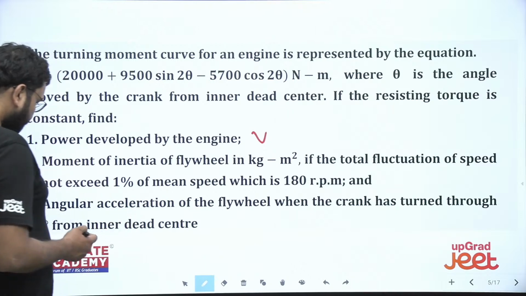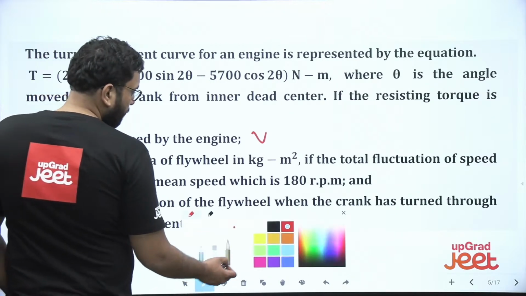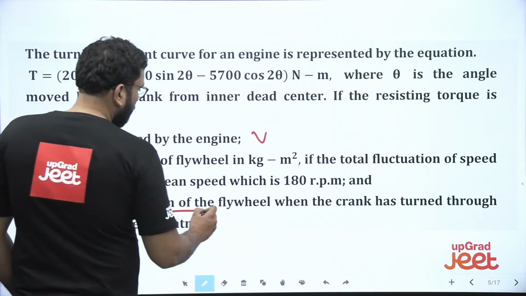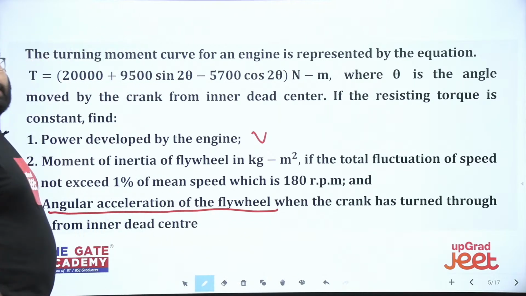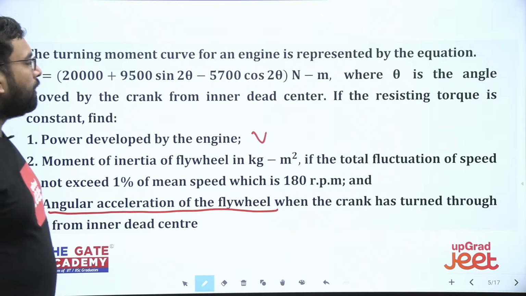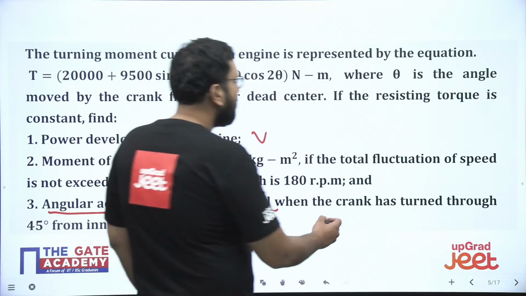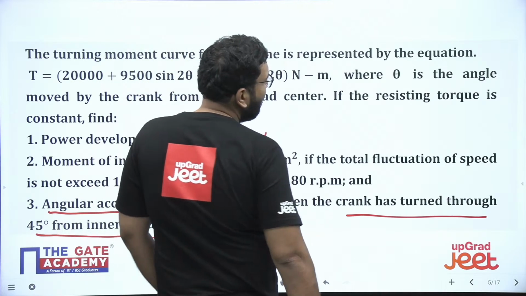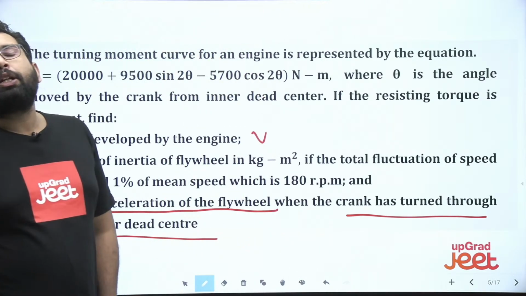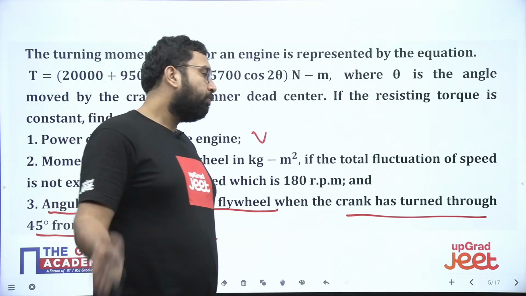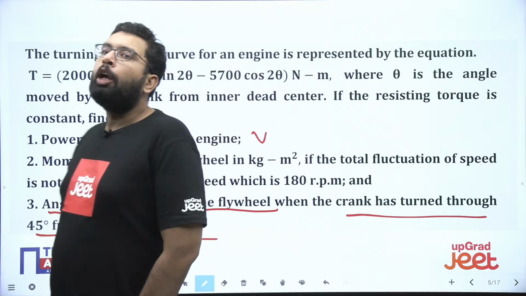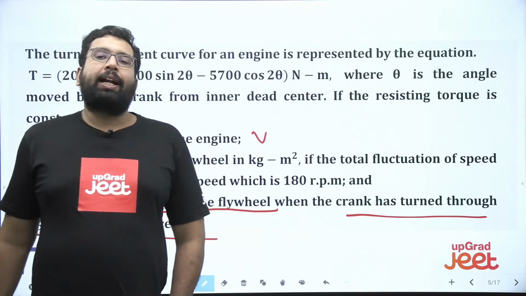Now, in the last part, they are asking you to find the angular acceleration of the flywheel when the crank has turned through 45 degrees from the IDC. Now, what is the meaning of this question? When the crank is at 45 degree position, that means theta is 45 degrees, you will have to find the angular acceleration.